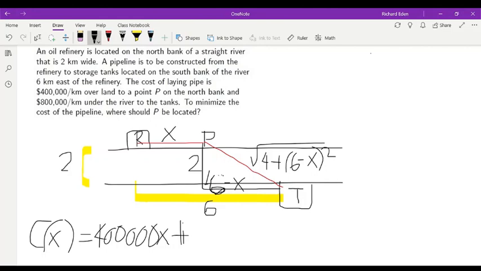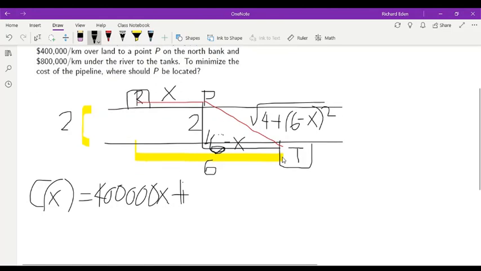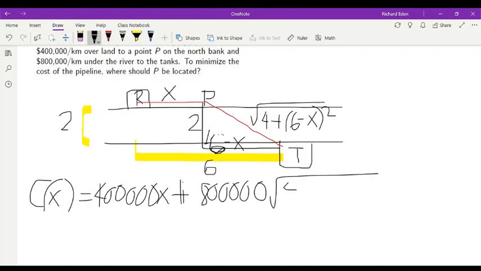So that's the length of PT, and therefore the additional part of the cost is 800,000 per kilometer underwater, and the number of kilometers underwater is that radical: the square root of 4 plus the square of 6 minus x to the second power.